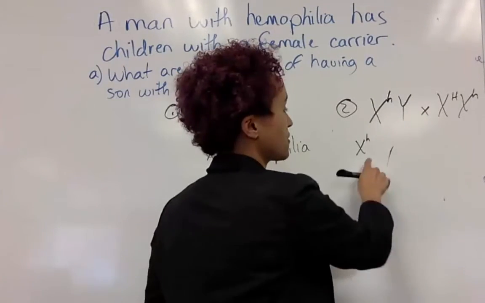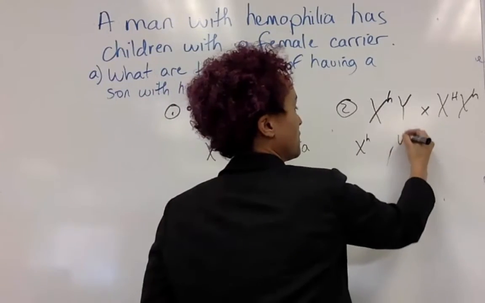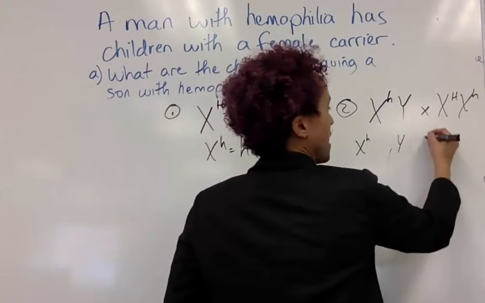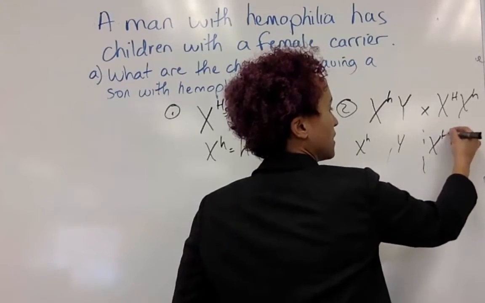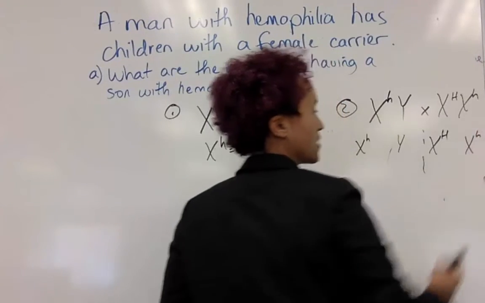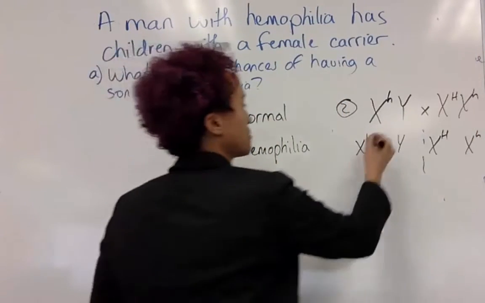The dad can either offer that X with the hemophilia or that Y chromosome to his offspring. And the female can either offer that normal H or that hemophiliac h. So those are going to be our gametes.